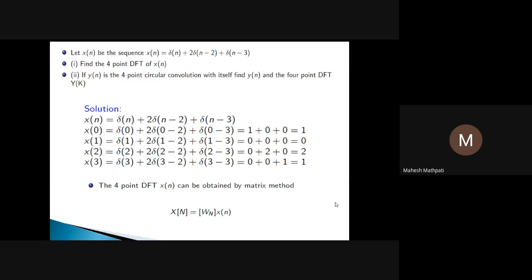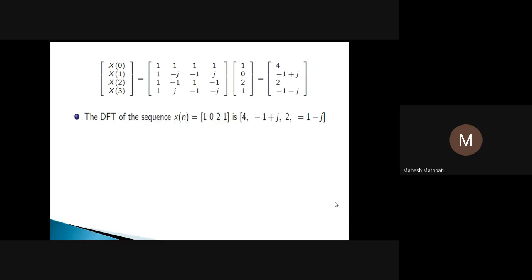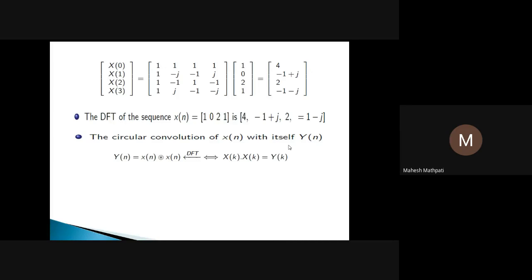That is what we call the circular convolution with itself. Here the DFT of the sequence we got is 4, minus 1 plus j, 2, and minus 1 minus j. Now the circular convolution of x of n with itself we write like this.